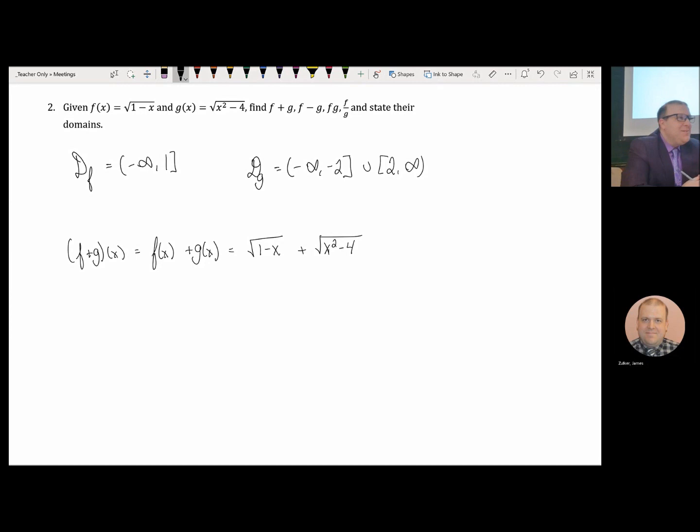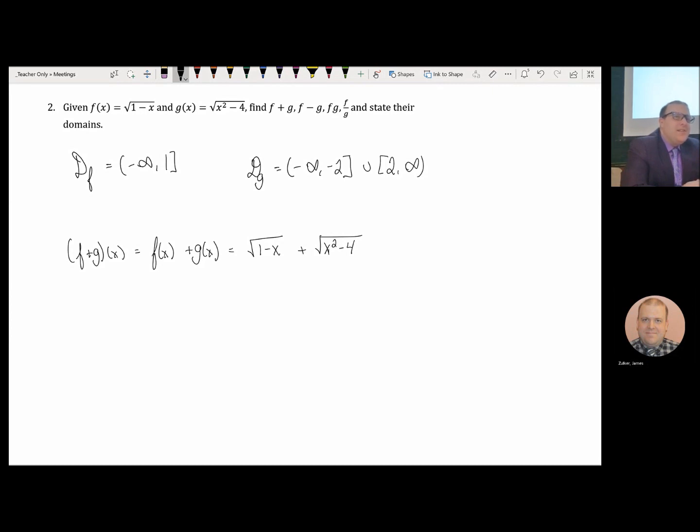Uh-oh. We don't remember algebra. That's not good. I remember algebra. It can't be simplified because of the exponent. This cannot be simplified. Square root of A plus square root of B cannot be simplified, right?